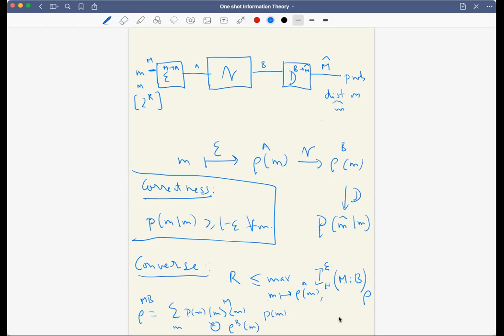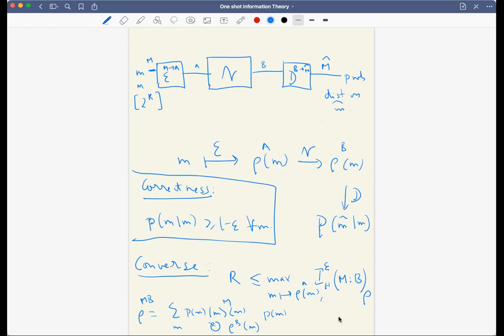Yeah, think of M as a new sample space, of whatever cardinality it is. I've not put any cardinality bounds. We can put cardinality bounds later.